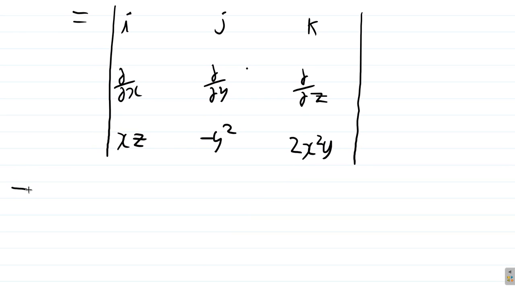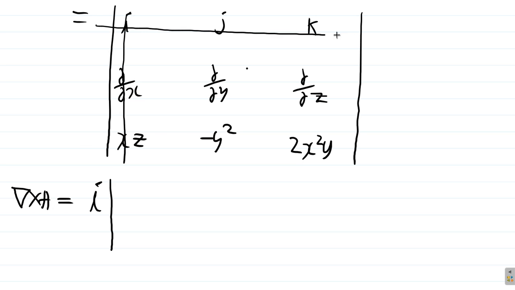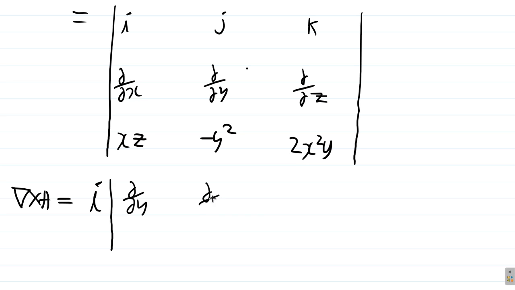So therefore, nabla cross A is equal to, here you have i, and when you cover the row and column with i, you find the determinant of what you can still see. That's delta by delta y, delta by delta z, negative y squared, 2x squared y. Alright?